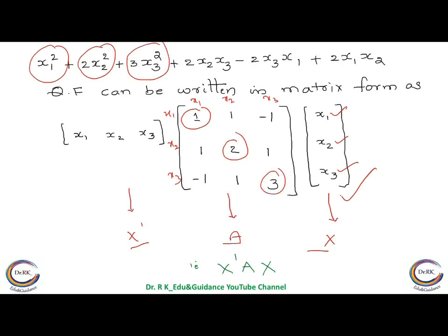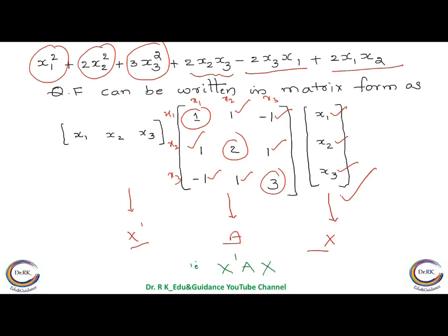Next, x2x3 we have to distribute equally: this one is x2x3, similarly x3x2. Next, minus x3x1 is this x1x3, similarly x3x1, minus 1. 2x1x2 gives half here, 1 for x1x2 and 1 for x2x1. Like this we have to distribute. So this is the matrix.